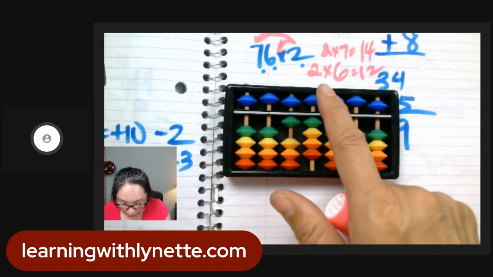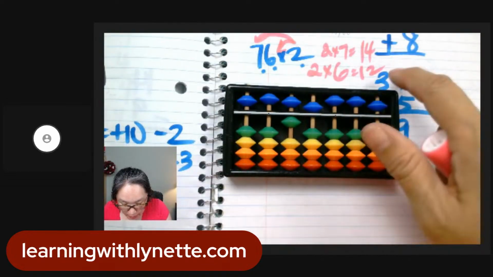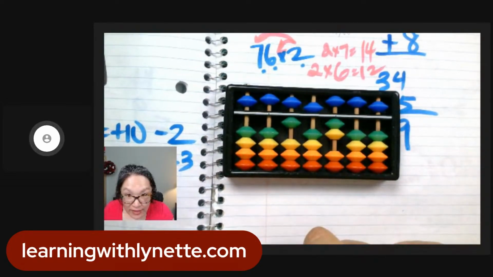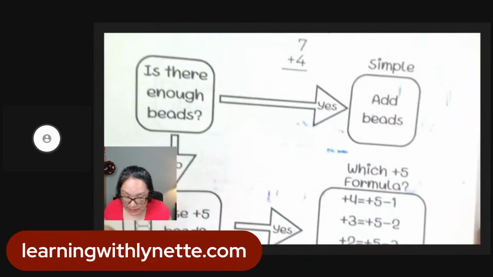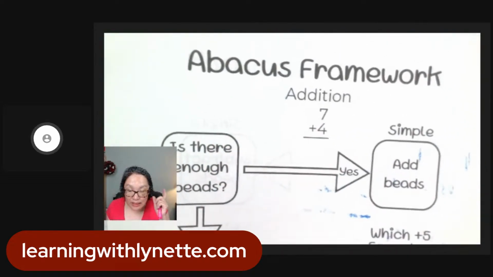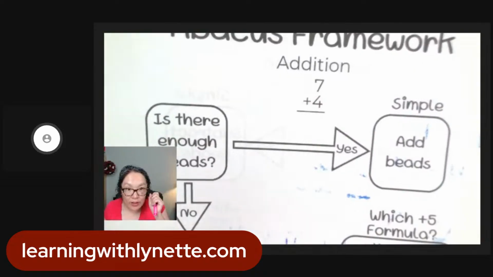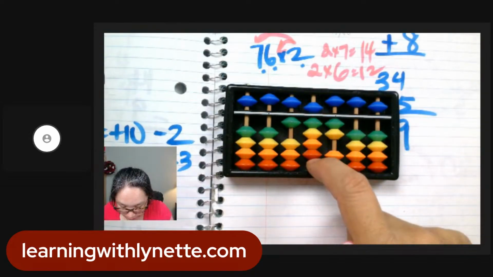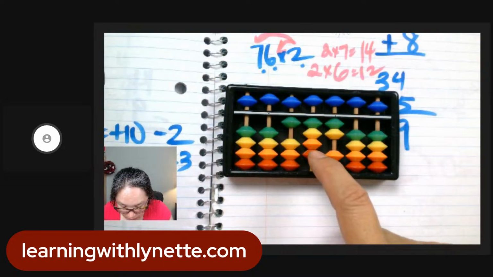So I'm going to plus the 5 minus the 4. And then I'm going to plus the 2. So I add the 2, if that helps. So this is the abacus framework that I would go through in my head every time we have a number. So when we look, I want to plus the 5. My question was here. Plus the 1, not enough.